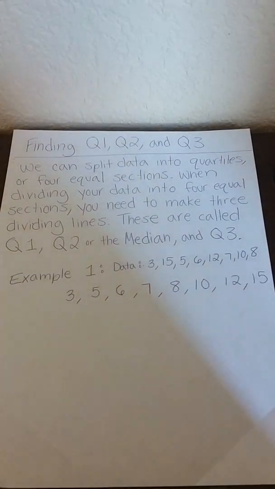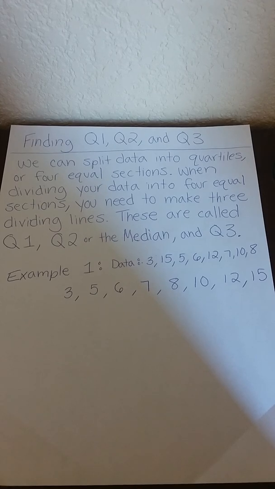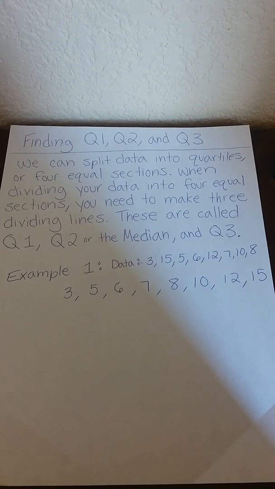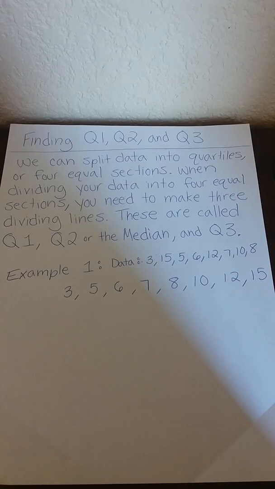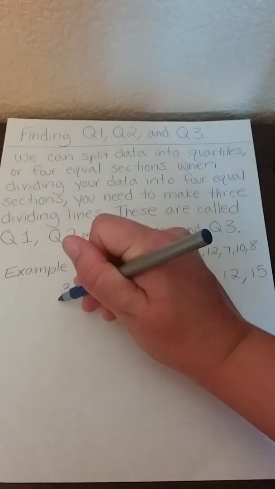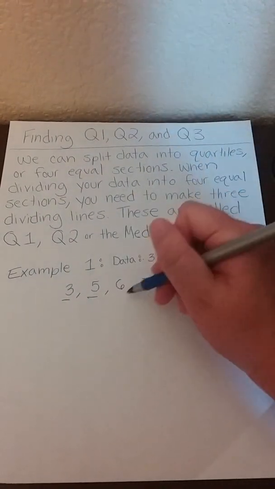When you're trying to find Q1, Q2, and Q3, the actual first step should be to find Q2, or the median. The median is the exact middle of your data. So here, I'm going to find the middle. I'm just going to go from each edge until I meet somewhere in the middle.